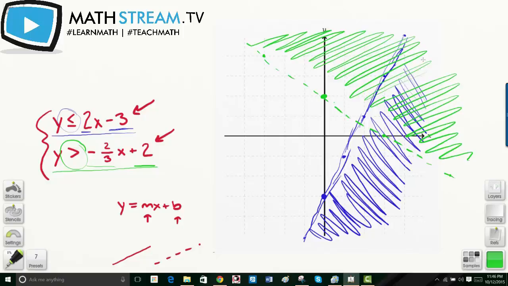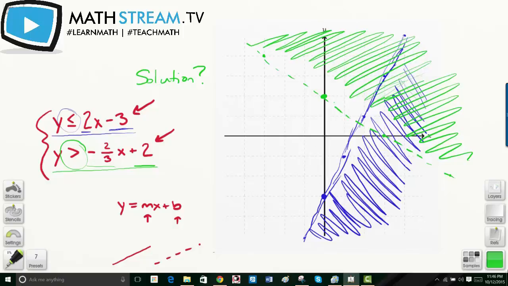And the question is, where is the solution set for our system? Just like in a system of equations, where we looked for the common point that two lines share, here we're looking for the common area that both regions share, the green and the blue.